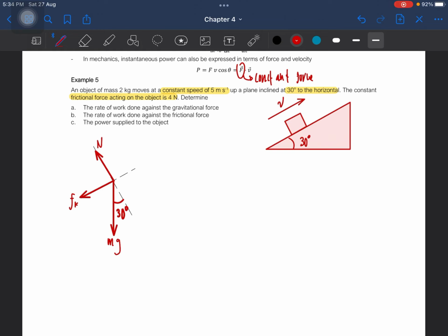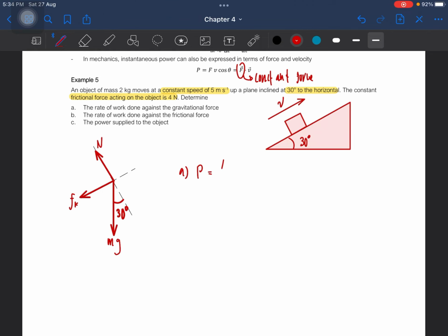Yeah, kinetic. So now we have to calculate the rate of work done against the gravitational force. It seems we did not really need to draw the free body diagram. Do we really need it? It's okay. Let's just solve it. Okay, so the rate of work done.